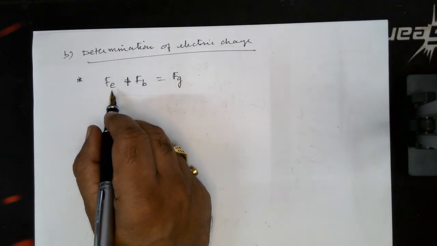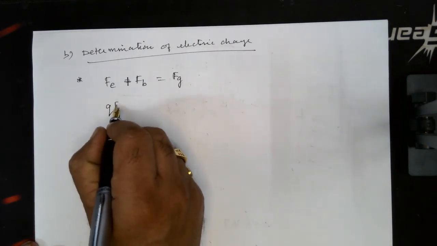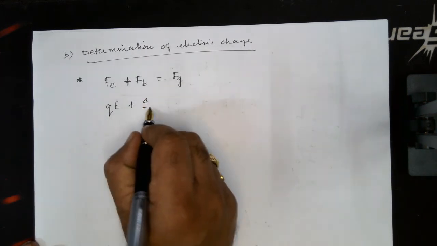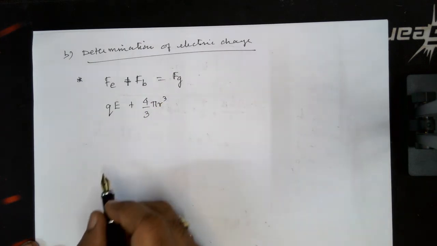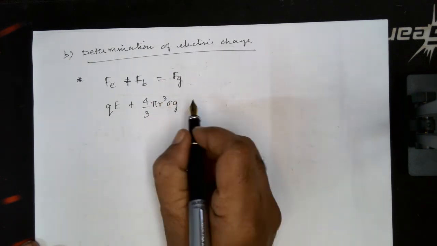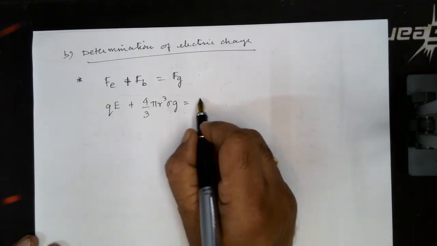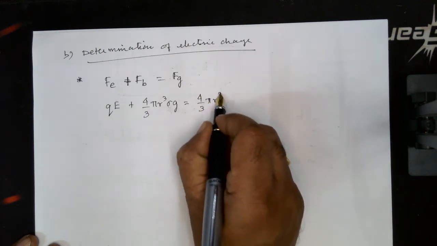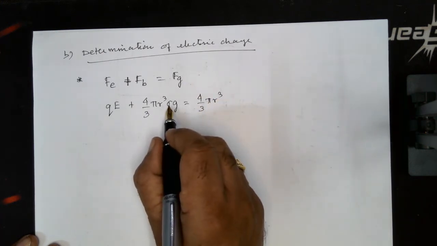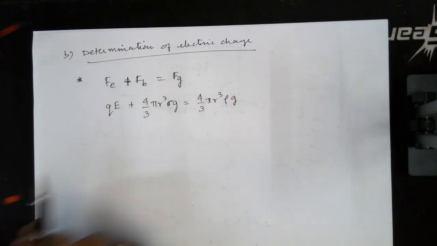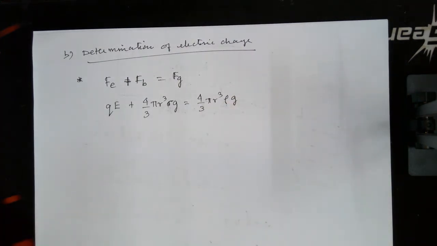What is this Fe, which is nothing but QE, plus, we know the value of Fb, 4 by 3 pi r cube into rho into sigma into G, that is due to air, and here 4 by 3 pi r cube, and instead of sigma you have to consider rho being the density of oil into G. This is the gravitational force. Right?